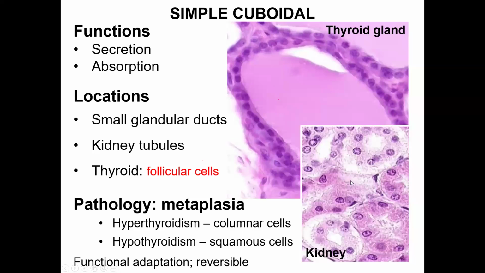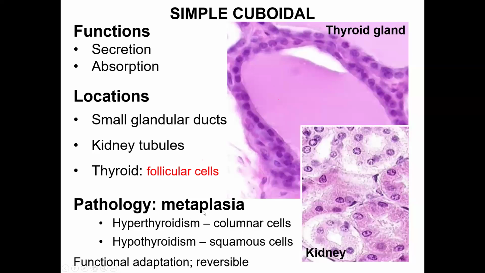This is another example. In the kidney, these are the proximal convoluted tubules. Here again, you have to imagine this is one cell, this is another cell, this is another cell. I told you that you sometimes have to use your imagination to interpret the images that you see in histology.